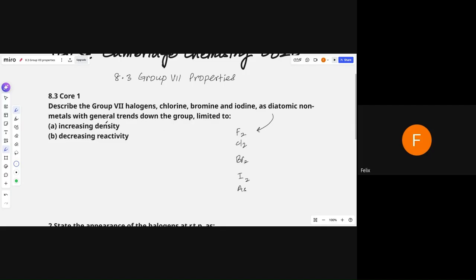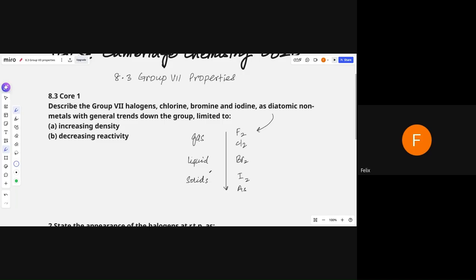Now let's take a look at their general trends. Increasing density, yes. As we move down the group, the elements gradually change from gases. The first two elements exist as a gas at room temperature. Bromine is a low boiling liquid, and the rest of them are solids. Iodine and astatine are solids.